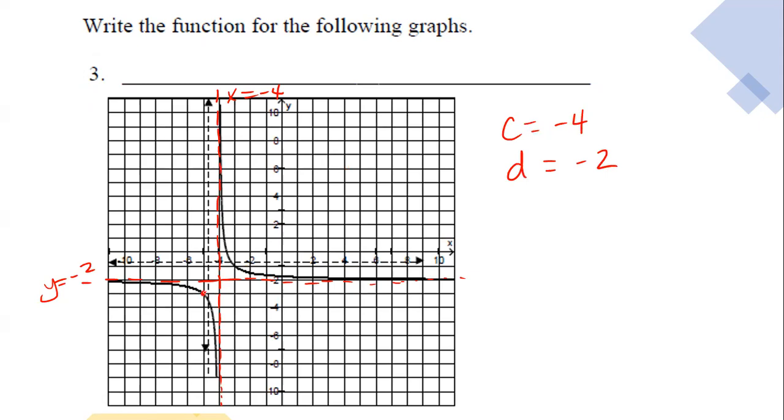Are we reflected? We're not reflected. We're in standard position. So therefore, what is the function? F of x equals what? 1 over x plus 4 minus 2. Remember why? Just keep what it is. Only the x's lie.